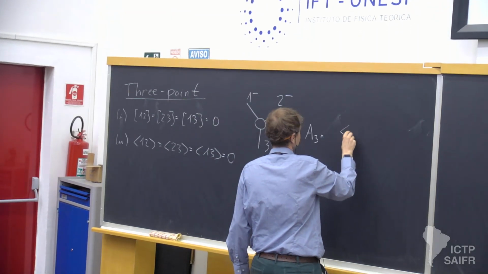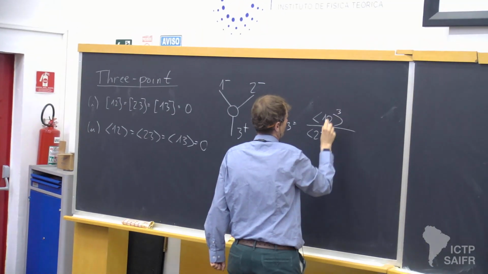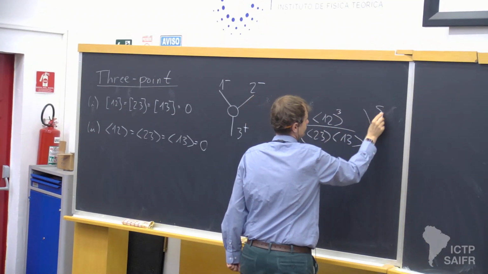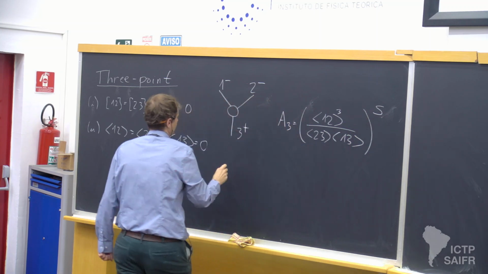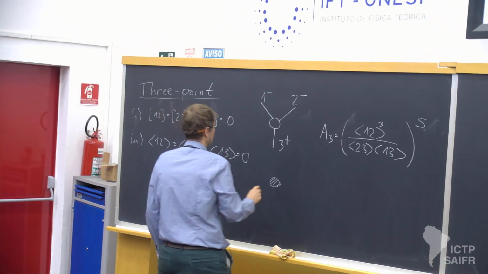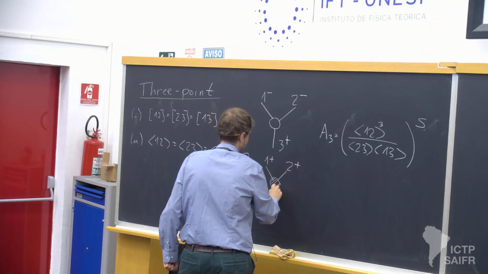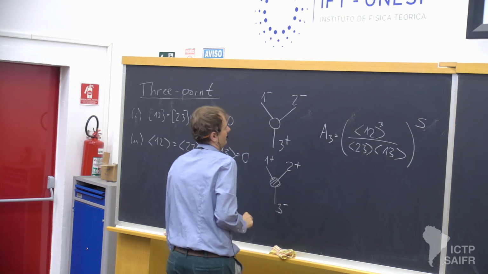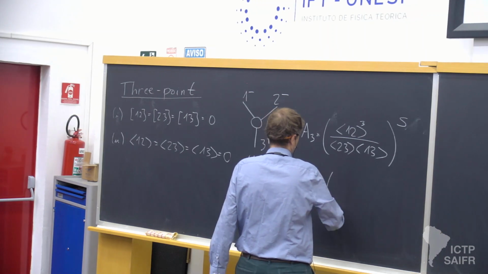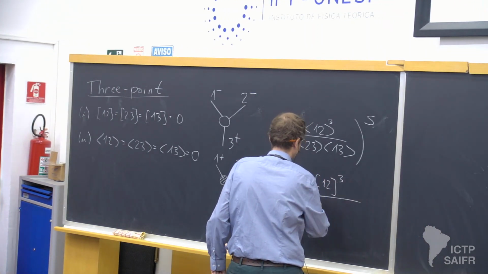So for spin S, the formula that we wrote looks like this. And the other type, where all the angle brackets are 0, corresponds to plus, plus, minus. And then the expression looks like this.